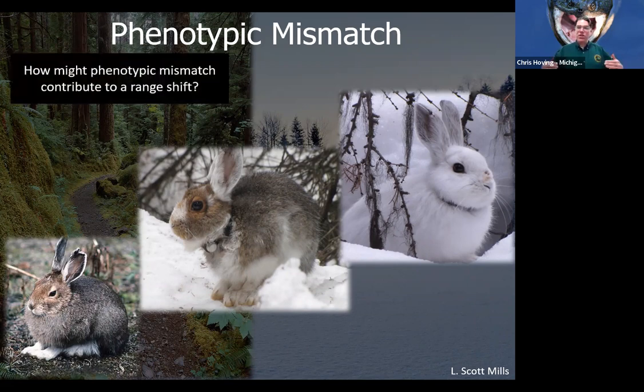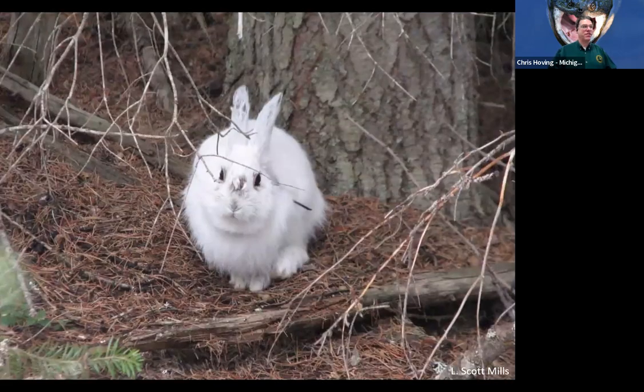But if you change that transition zone, you're very rapidly changing the timing of snowfall at a much higher rate than, say, the phenotype changes. And so the research question is, how might this phenotypic mismatch contribute to a range shift?